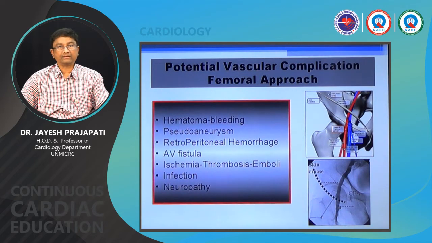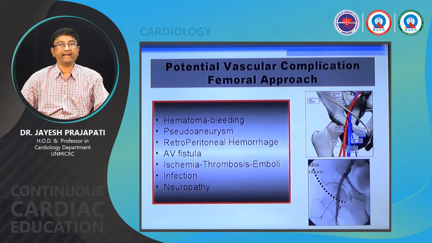Manual ultrasonic compression is one thing that can be done very easily; the patient can compress that neck of the pseudoaneurysm. But a large pseudoaneurysm sometimes requires surgery, and grafting may be required. So you have to be very careful. Hematoma can lead to an ulcer, or it can create a pseudoaneurysm, anemia, and so many complications.